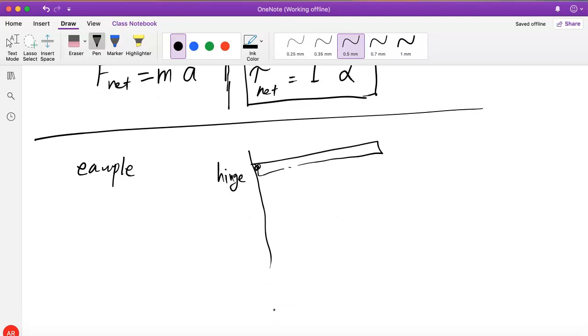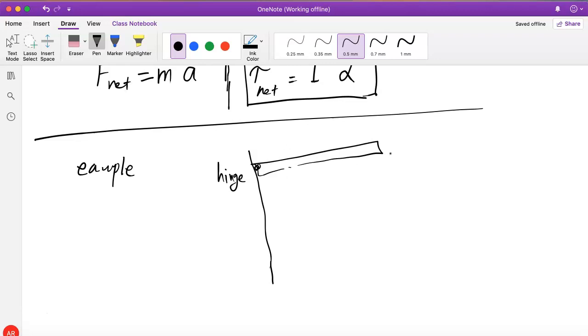We found the angular velocity at the end of the motion when the rod comes all the way down and hits the wall. But let's also try to use this to say something about angular acceleration.